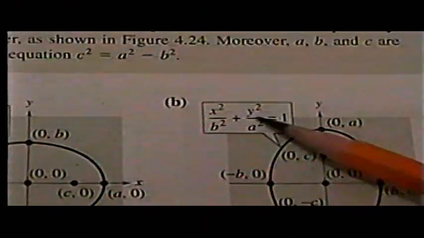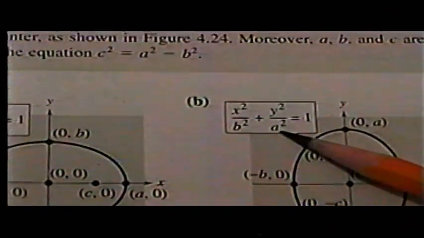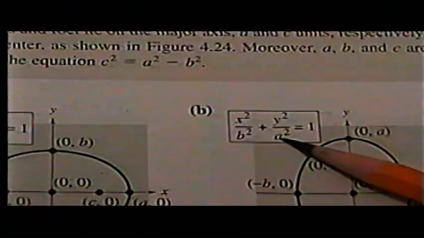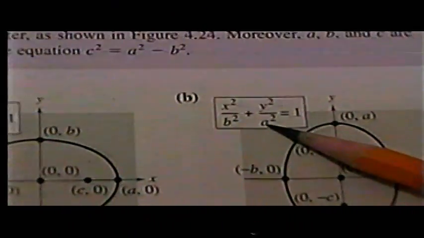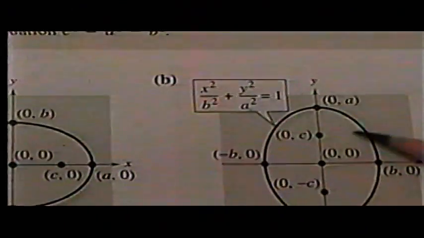If the larger number is under x squared, then the major axis would be along the x-axis. If the larger number is under y squared, here a squared is under y squared in this case. So in each case, the a represents the longer radius, or the major radius. So here you will have the larger number under the y squared, so the longer axis would be along the y-axis.